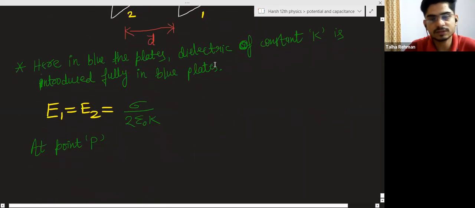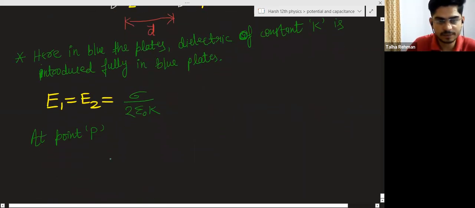So the two vectors at point P, E1 and E2, are in the same direction. So E net at point P, which I am representing with E, is equal to E1 plus E2.